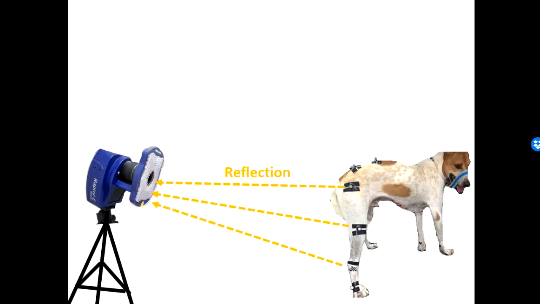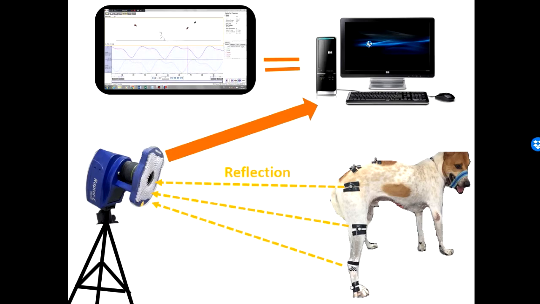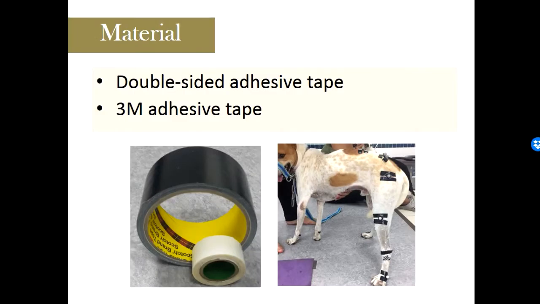When at least 3 cameras track the position of the same marker at the same time, the software processes and displays information on the monitor. The last materials were double-sided adhesive tape and 3M adhesive tape, used for attaching reflective targets to the dogs.